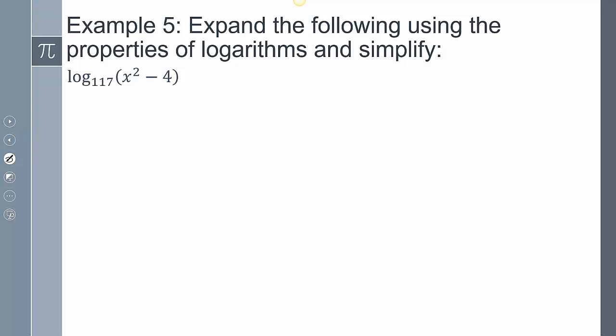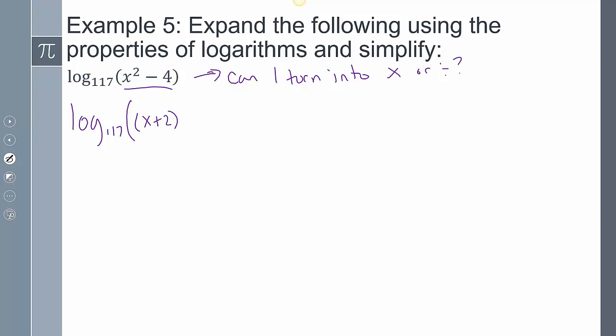So the question is, can I turn it into multiplication or division? Because if I can turn it into some sort of multiplication or division, then I would actually be able to expand it and do what I needed to do. And so in this instance, I could actually rewrite this, because factoring means you're expressing it as a product. So that could be written as x plus 2 and x minus 2.